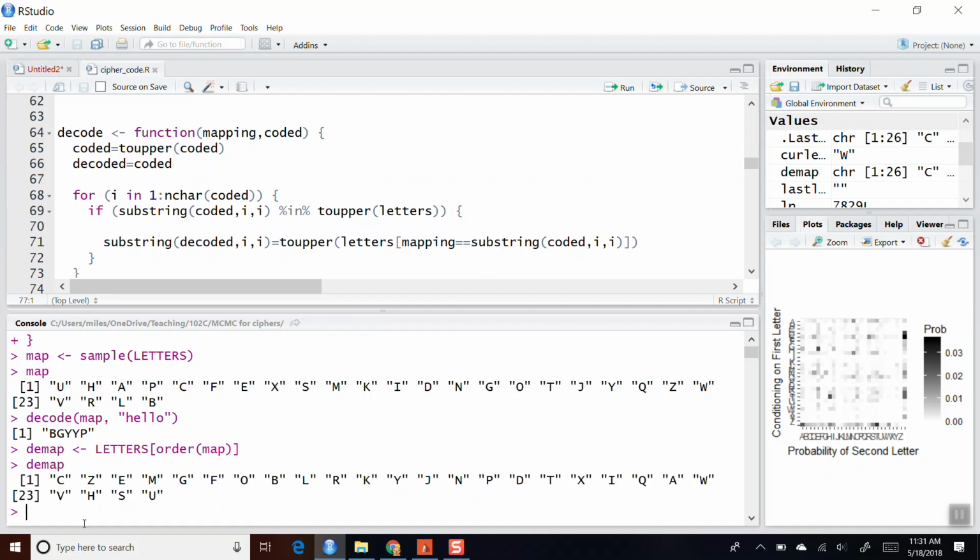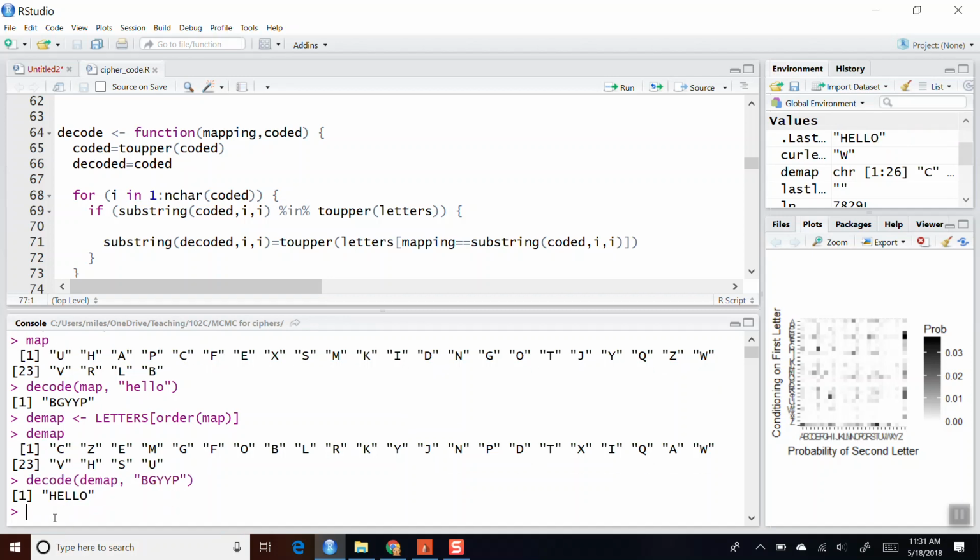So E corresponds to C, and if I decode using the D map and put in BGYYP, then it puts back hello, right?